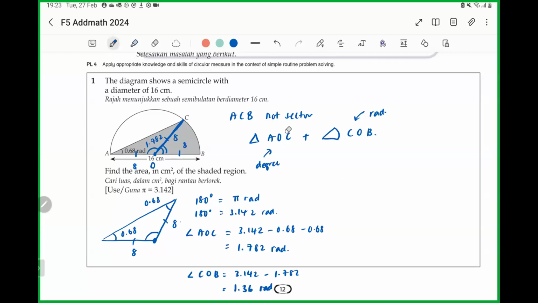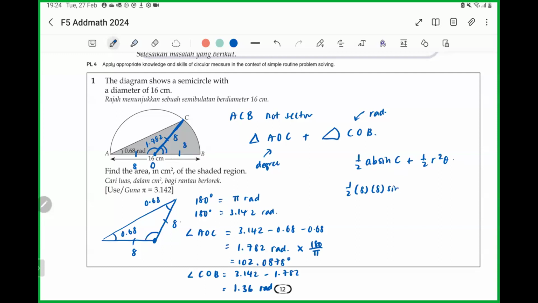So in order to find the area of this triangle AOC, 1 over 2 ab sine C, plus 1 over 2 r squared theta. So 1 over 2, a and b, 8 times 8, and then sine C. Change this one to degrees, times 180 over pi. 1.782 times 180 divided by pi, 3.142, so you will get 102.0878 degrees.